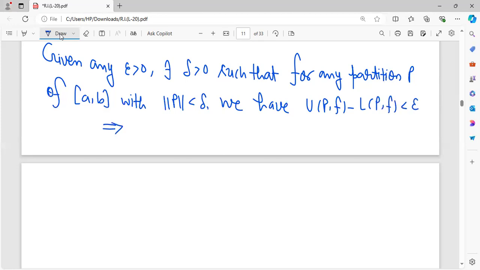So what does it mean? f belongs to R[a, b].